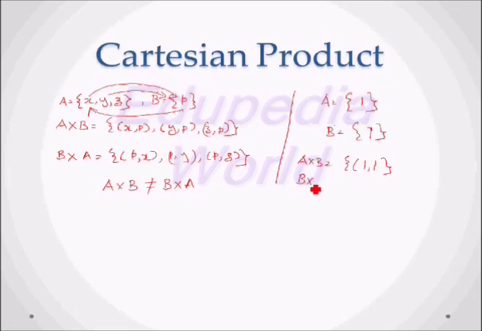Similarly, B cross A also equals the set of all ordered pairs (1, 1). Here we can see A cross B and B cross A are identical only because A and B are equal.